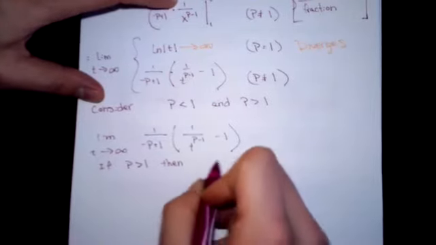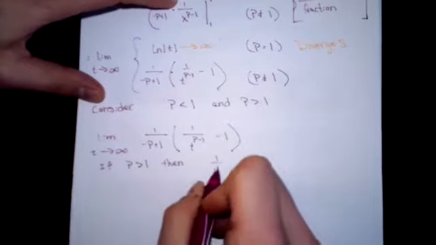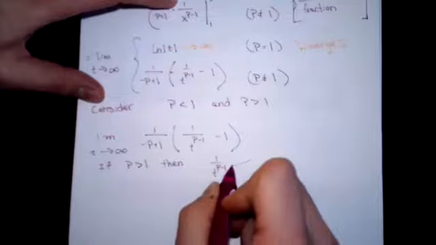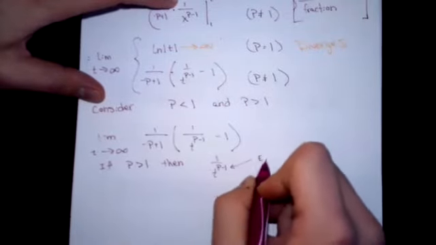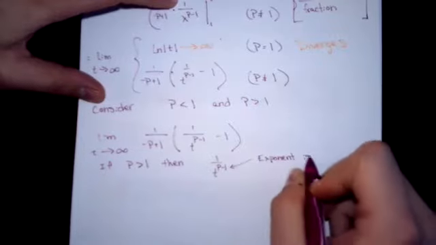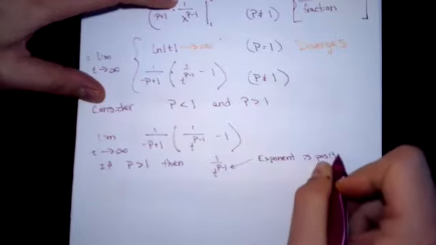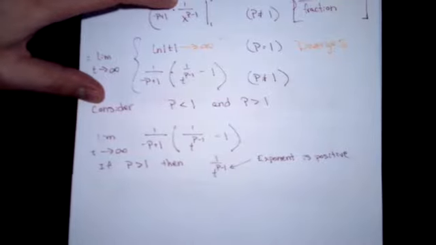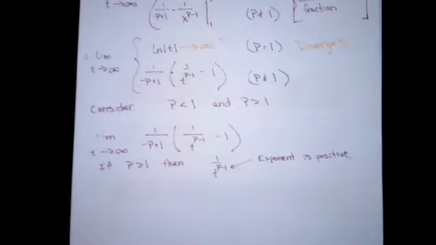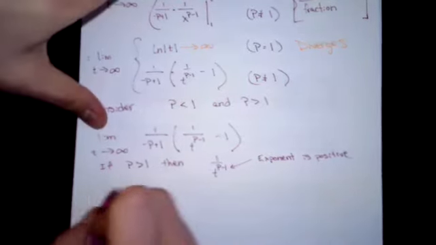Then 1 over t to the p minus 1, if p is bigger than 1, then the exponent is positive, meaning that it's positive in the denominator, right? It's that t to the p minus 1 in a denominator, which means what's going to happen when I compute the limit?